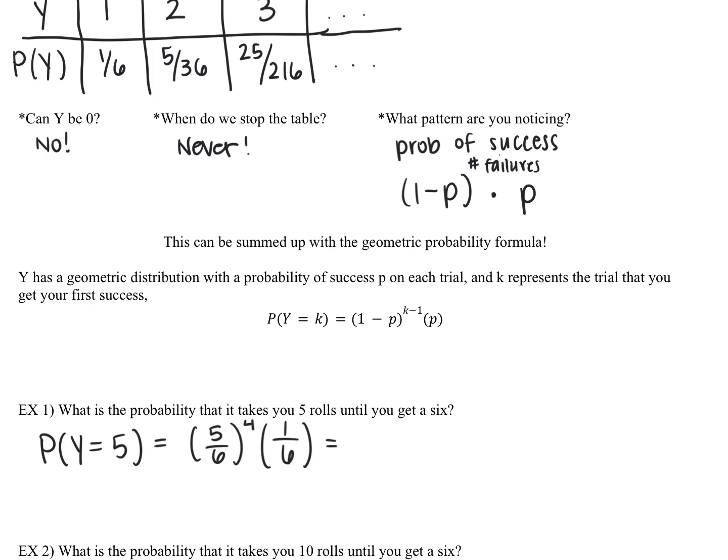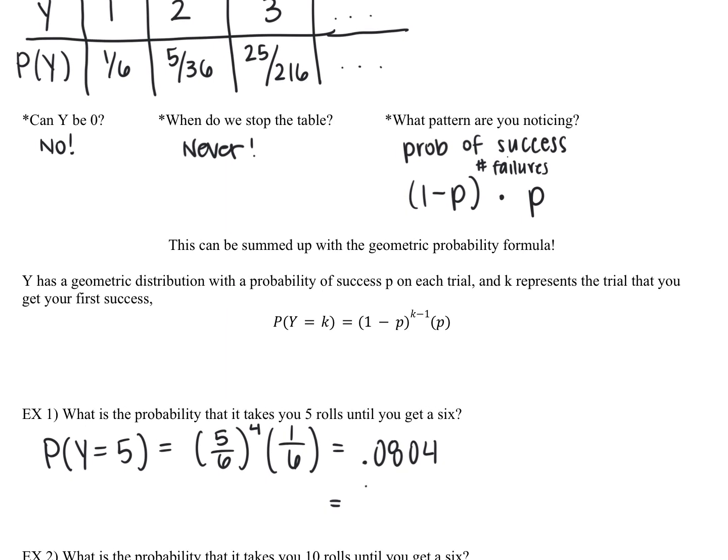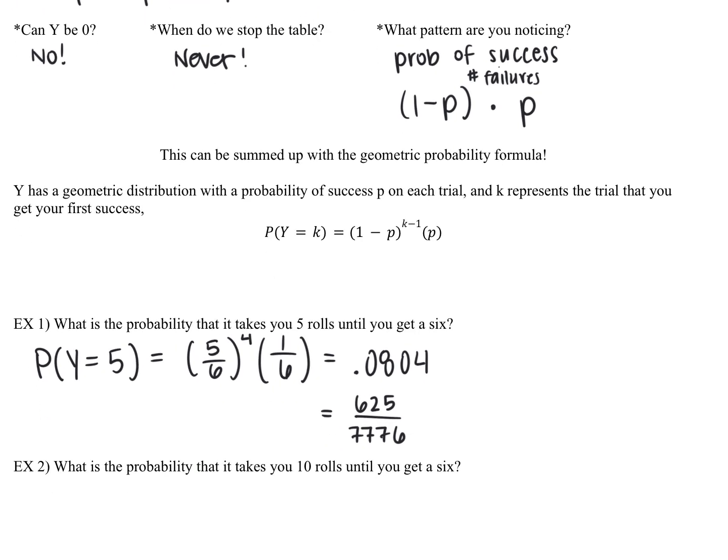So again, it may give you a decimal, it could give you a fraction. I don't care which one you give me. As a decimal, it's 0.0804. But as a fraction, it's 625 over 7,776. So decimals are a little bit nicer in this case.